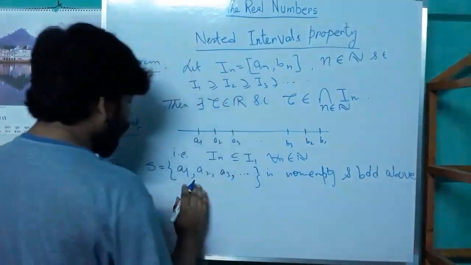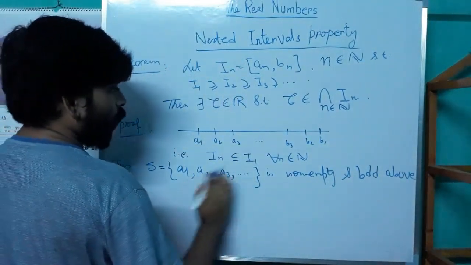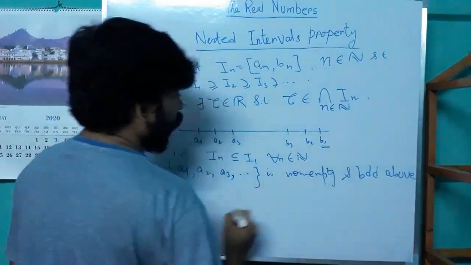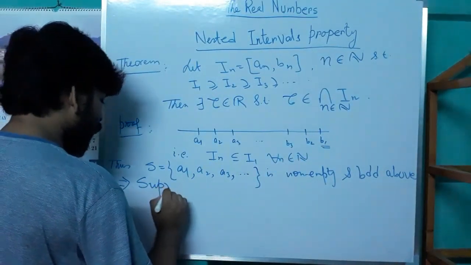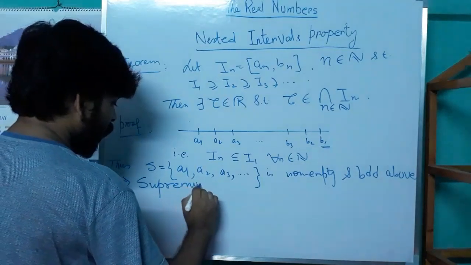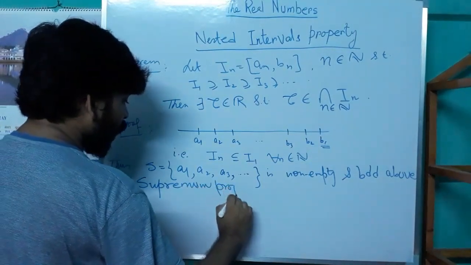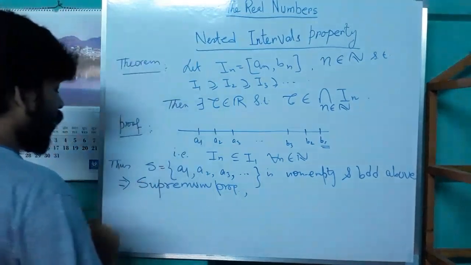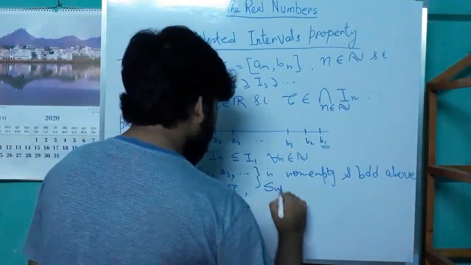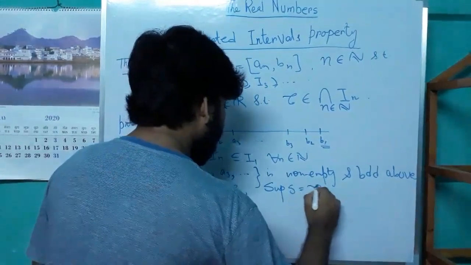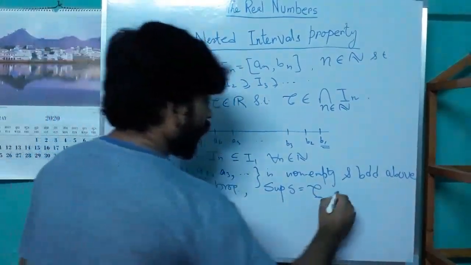So every element inside the set S is less or equal to the element B1. So by the supremum property, the set S has a supremum. The supremum of S exists, say zeta.